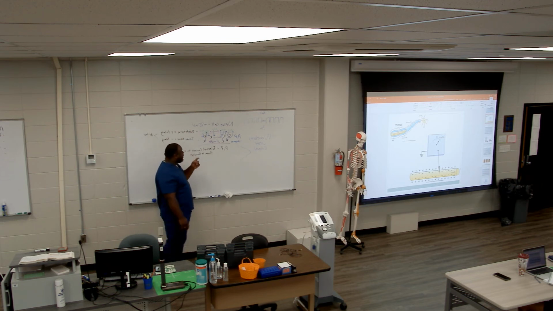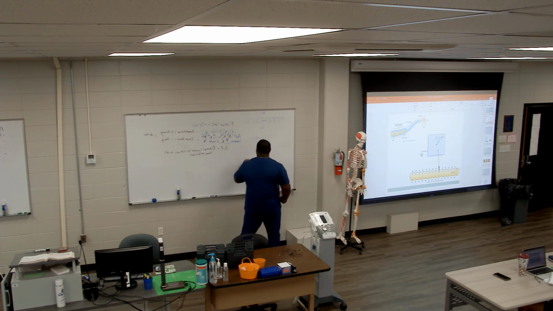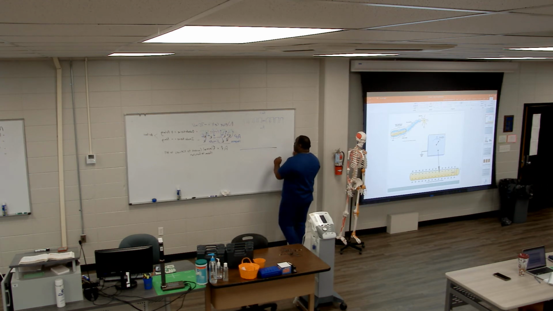So as I'm flooding the inside of the cell with sodium due to my action potential, I am changing my resting membrane potential. So my resting membrane potential, let's see, minus 70, 0, plus 30, well, let's see, plus 50.